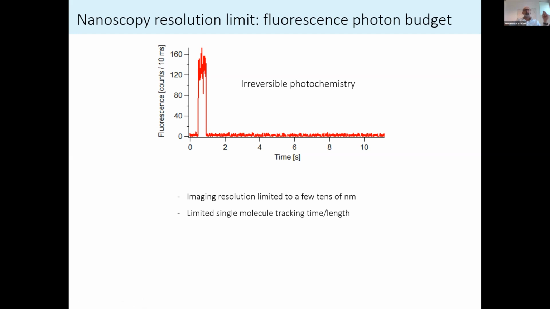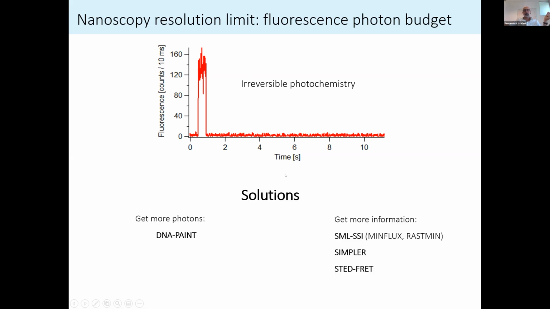Under these conditions, there are basically two types of solutions. The one solution is to find a way to get more photons. And this has been done. A great example of that is DNA-PAINT, where the same position of the sample is interrogated with multiple fluorophores over time.